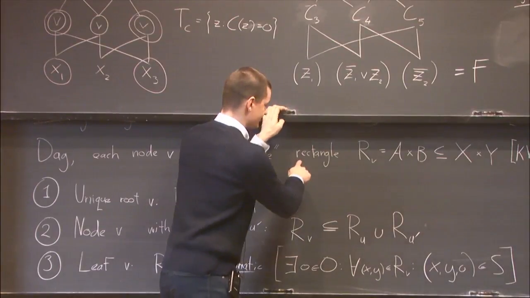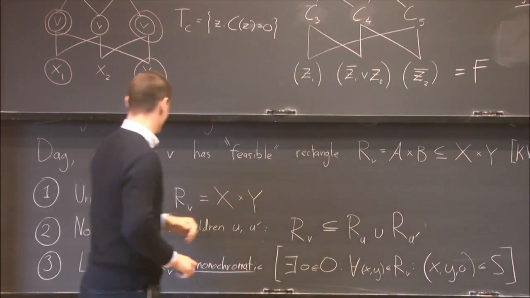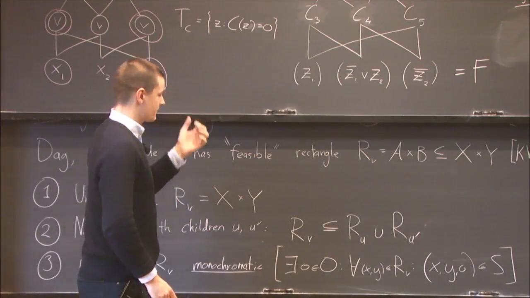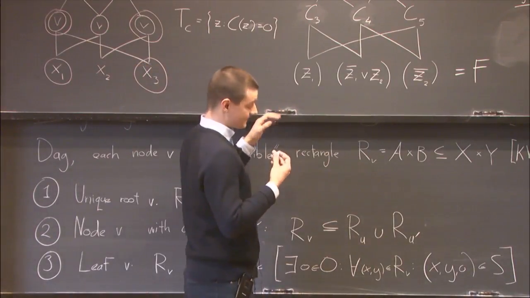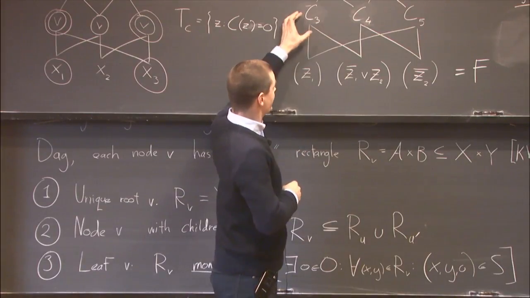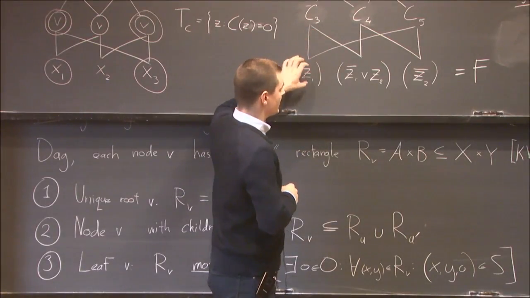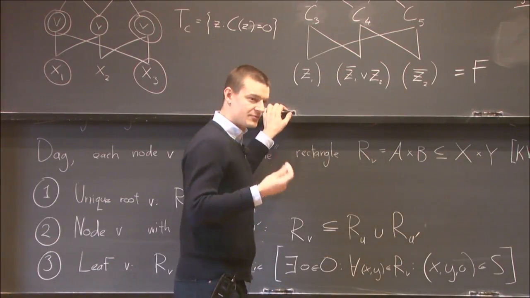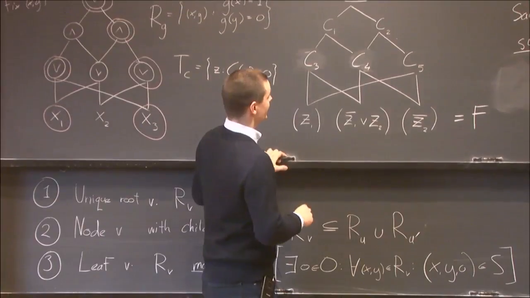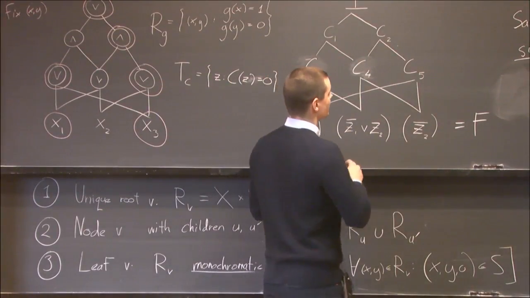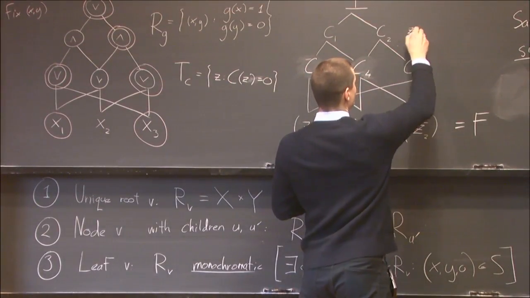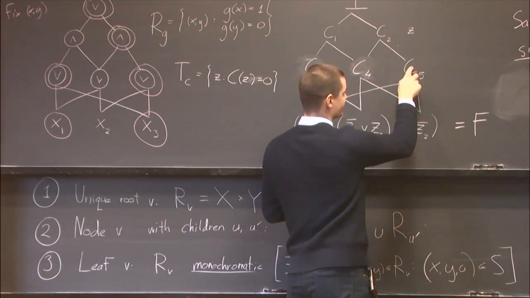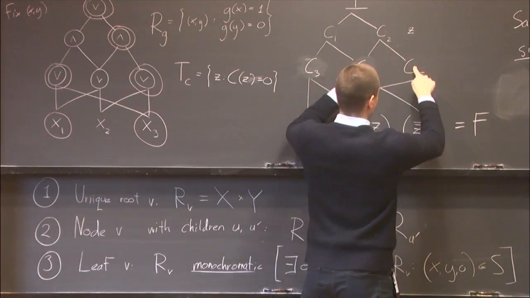Okay, so we just changed a rectangle to a subcube. And the first says everything's feasible at the root. The second says if I have an input that's feasible for a node, it must be feasible for one of its children. And that follows simply from this sound inference rule. We're using a sound inference rule. So if I have a truth assignment that falsifies a clause, I claim it must falsify one of the children. Well, this was a logical consequence of these two guys.